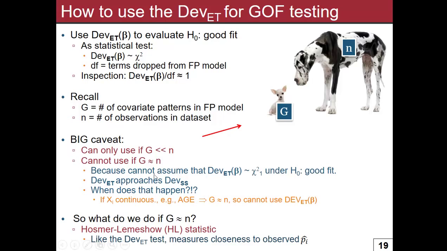If you have as many covariate patterns as people, you wind up with a test that doesn't work, the one that's based on the saturated model. Okay, so that's a problem when we have continuous data.